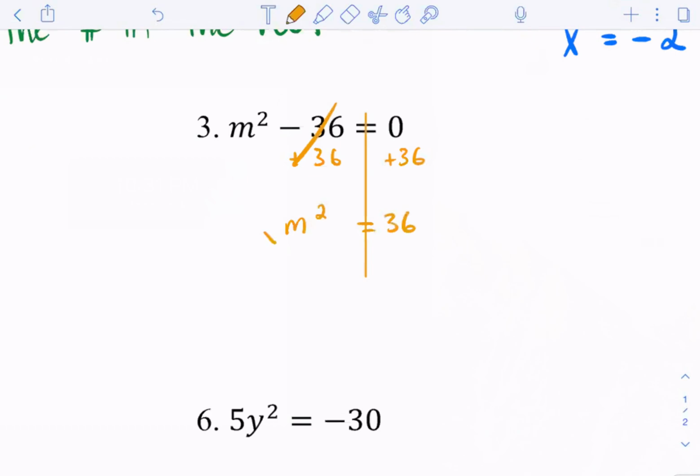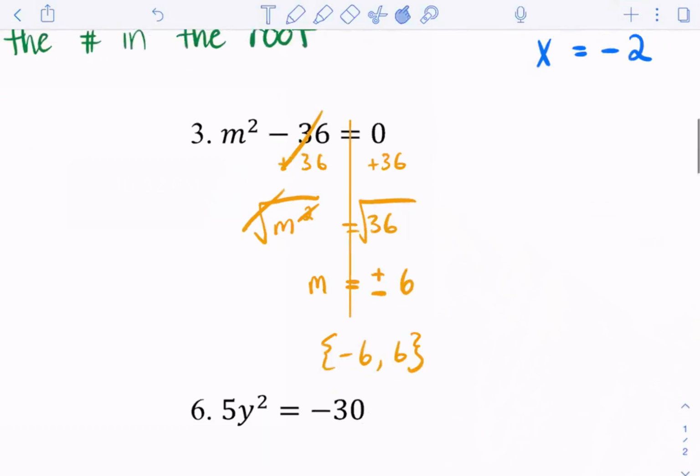Then I have to square root to get rid of a squared. I get that m equals, remember, the exponent was even, so I get plus or minus 6, because the square root of 36 is 6. So I get two answers here, negative 6 and positive 6.